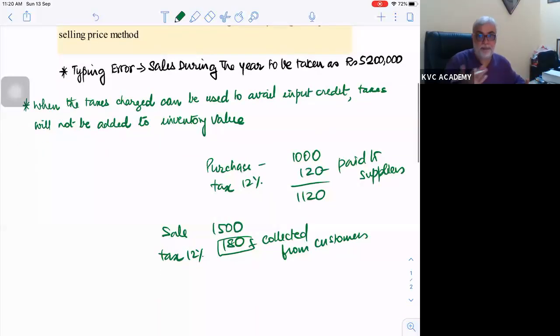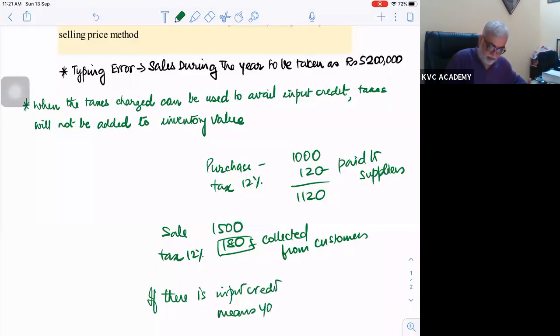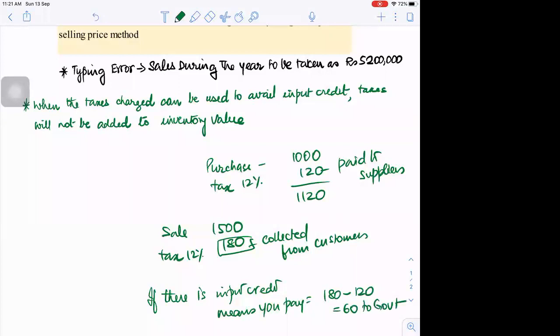So if there is an input credit, you pay 180 minus 120, 60 to the government.